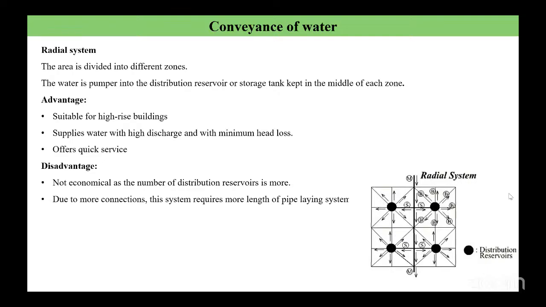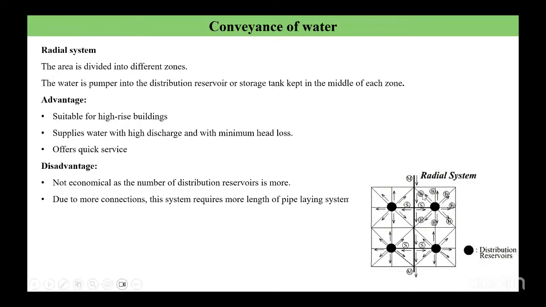All right, so the water is pumped into the distribution reservoir or the storage tank which is kept in the middle of each zone. So if we look into this picture, the black dots indicate the distribution reservoirs where the water is being distributed.